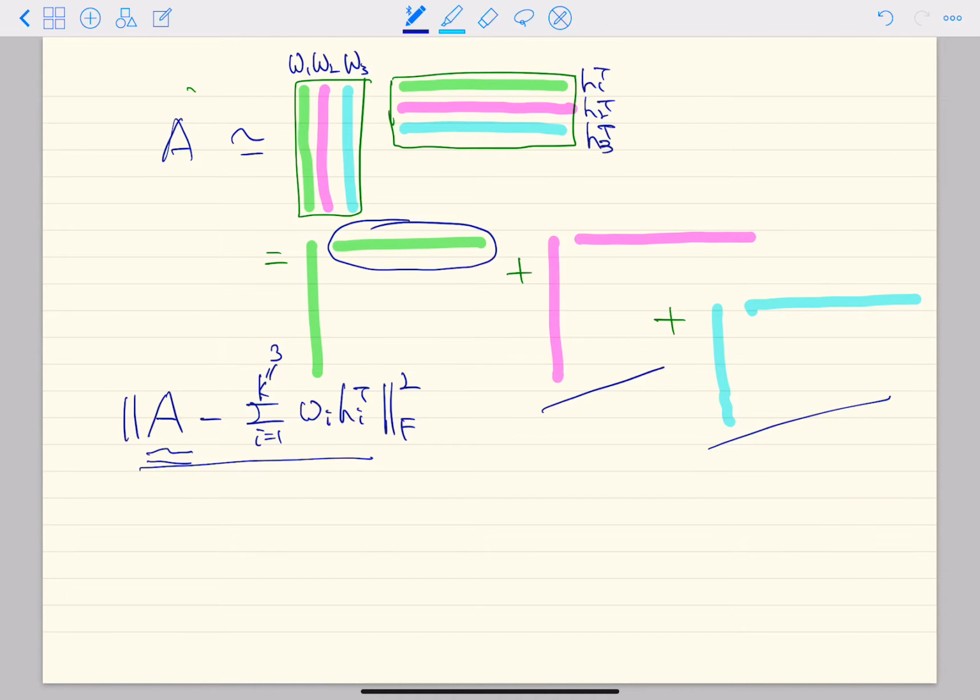And then let's denote that remainder of our matrix as R. More exactly, R is A minus W2 H2 transpose minus W3 H3 transpose, right? So these are still constant.